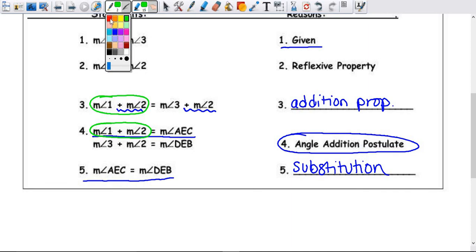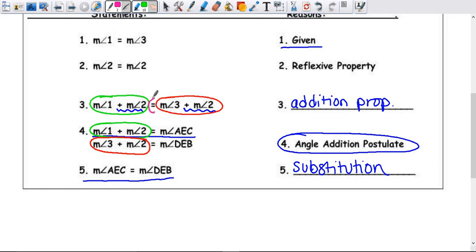And then we have measure of angle 3 plus measure of angle 2. We called those things equal right here. So then if these two things are equal, and those are equal to these, we can substitute it in to say that the measure of angle AEC is equal to the measure of angle DEB.